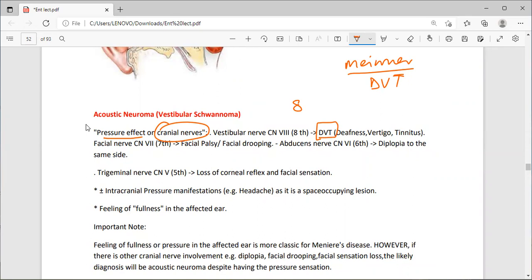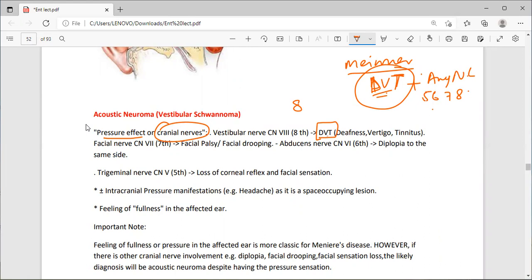But if the patient is having DVT plus any nerve compression, like 6th, 7th, 8th, or 5th, then you are dealing with the acoustic neuroma. So DVT is the only symptom present in Meniere disease. But when DVT comes along with the nerve compression, then you are dealing with the vestibular schwannoma.